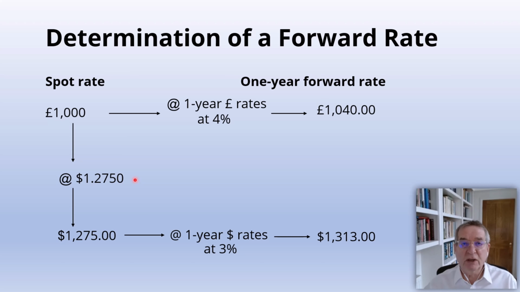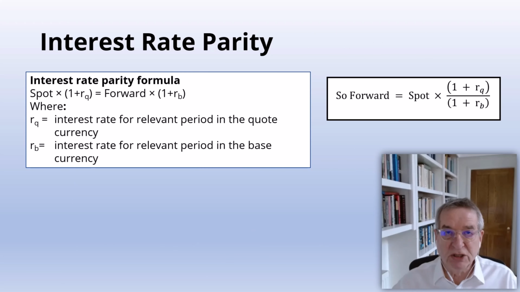At the end of the 1 year period, that would now be worth $1,313. And the forward rate is simply that divided by that, which turns out to be 1.2627. We can actually generalize that calculation, or the logic behind that, with the following.